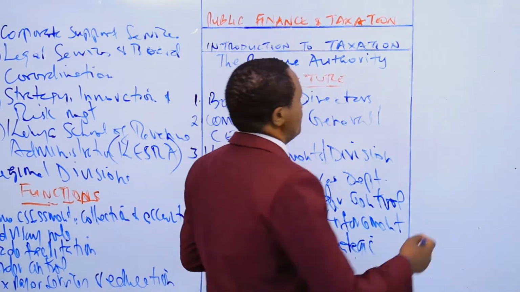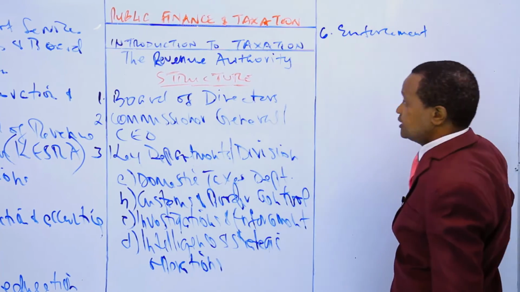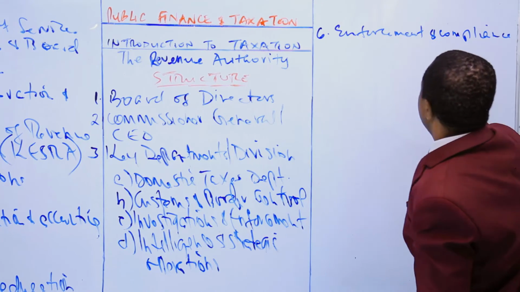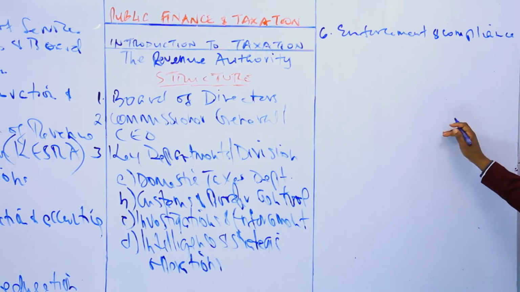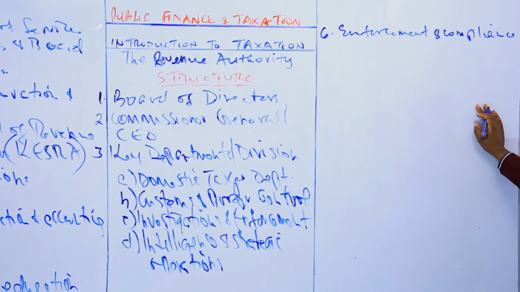Then you have enforcement. Number 6, enforcement and compliance. To ensure compliance with tax laws and customs laws through audits, investigations, and application of penalties for non-compliance is a role that the Kenya Revenue Authority also plays.